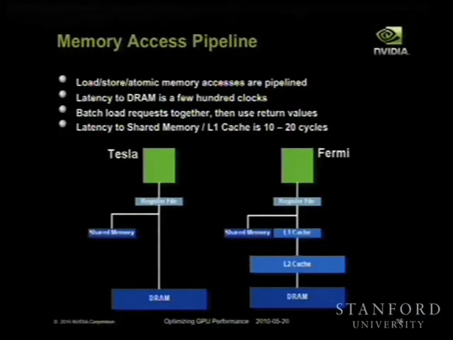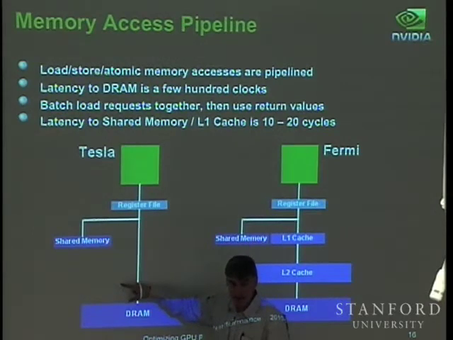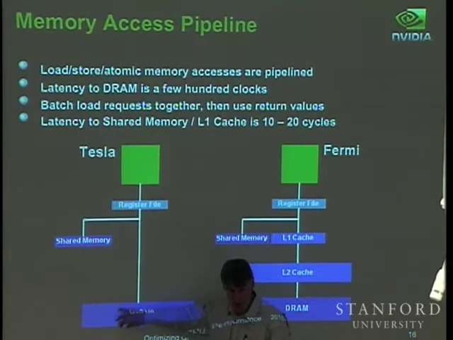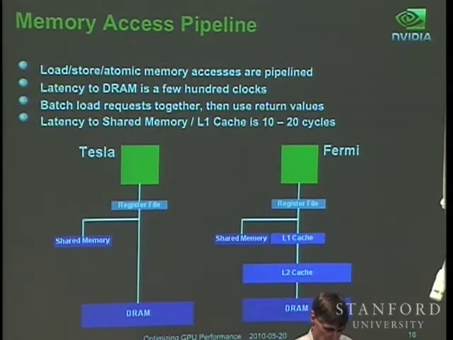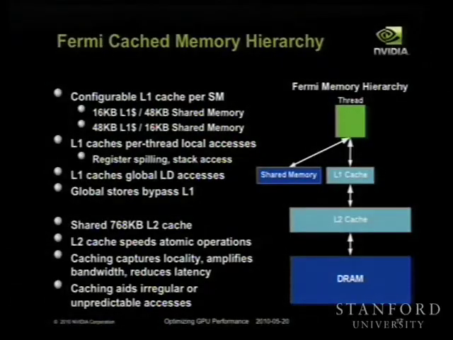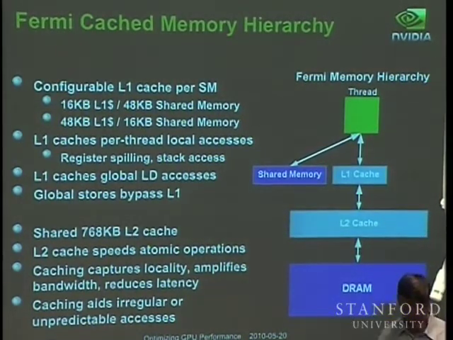On a Tesla machine, the atomic ALU hardware is up close to the DRAM, but it still takes quite a few cycles to do the read, add it in an ALU, which is down close to the memory, and then write the result back. On the new Fermi machines, the round trip time is quicker because it reads it from the DRAM, caches it in the L2 cache, and then the ALU for doing the atomic read, modify, write is right here, and so it goes much quicker. Higher bandwidth, lower latency.